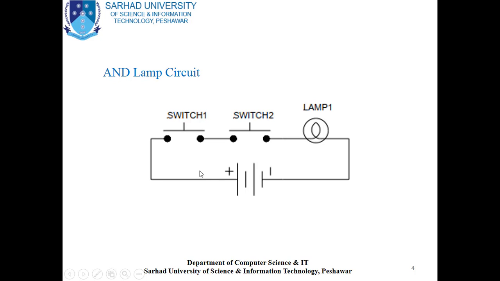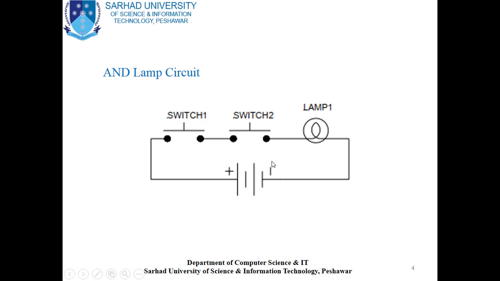If we press switch 1, lamp 1 will not glow. If I press switch 2, then lamp 1 will also not glow. If I press switch 1 and switch 2 simultaneously, lamp 1 will be on.